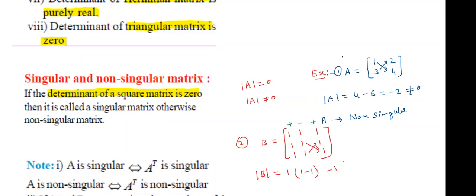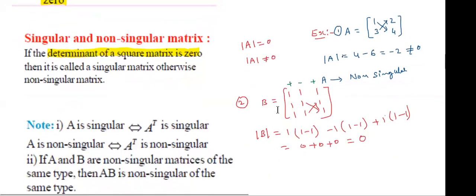Next, minus 1 into 1 minus 1. Plus 1 into 1 minus 1. Observe that in each and every term we are getting 0. So det B is 0. So what will we say finally here? Is B matrix singular or non-singular? Singular matrix, because det is 0.